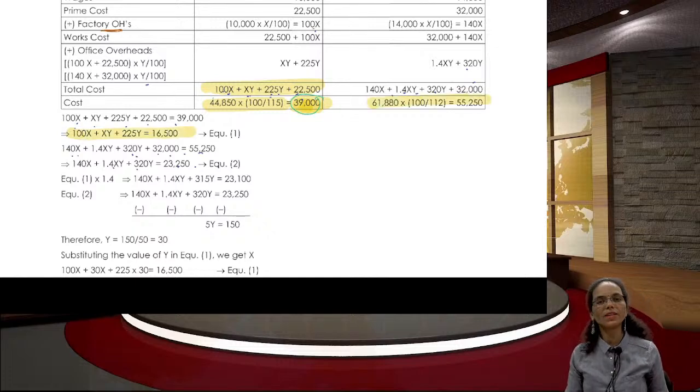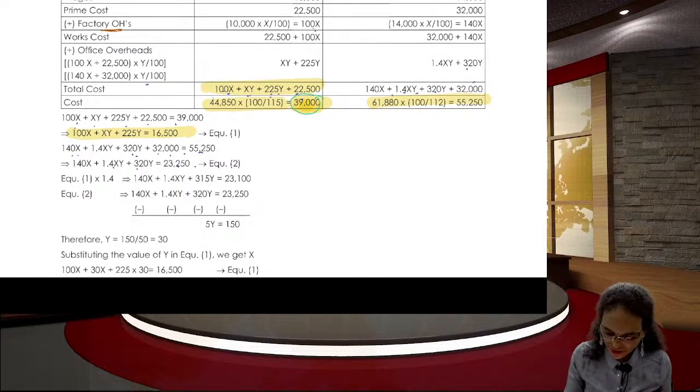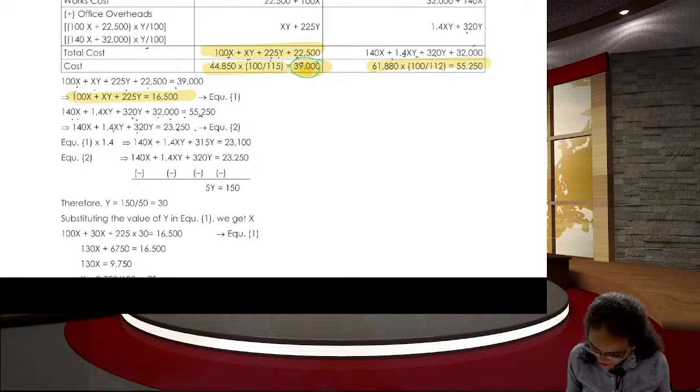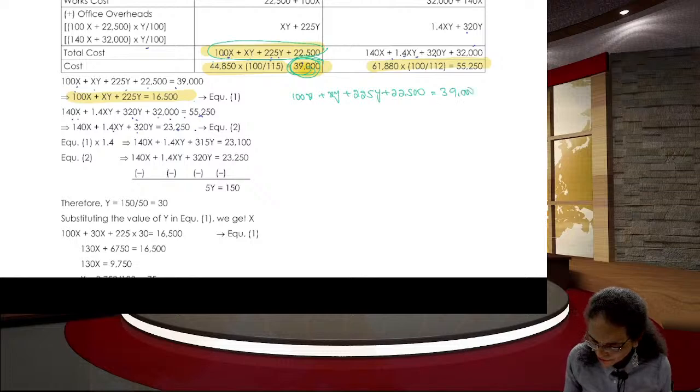In the same manner for the second one, I'll try to solve this equation in the simple way. See, this is the equation 1. This information equal to this one: 100x plus xy plus 225 into y plus 22,500 is equal to 39,000.